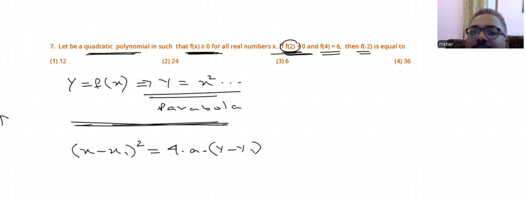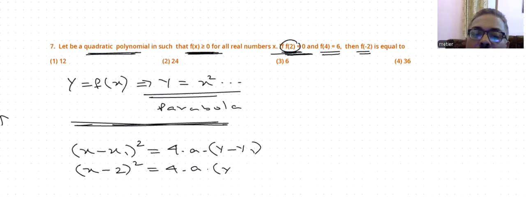So what we are getting here is that at x equal to 2, y is 0. Next part is f(4): at x equal to 4, y is 6.